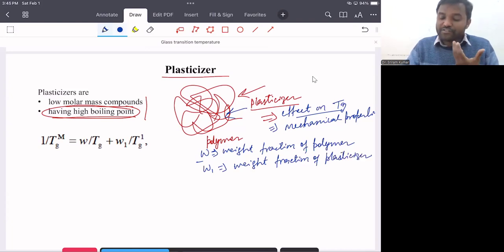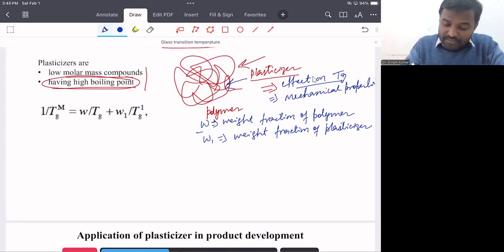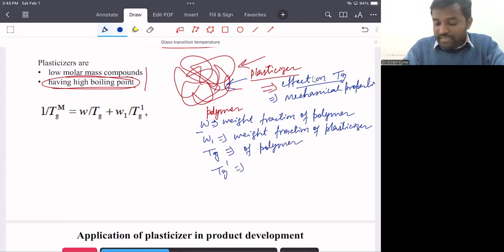So if we have the weight fraction of polymer and here we have Tg, where Tg is the glass transition temperature of the polymer, and Tg of the plasticizer is the glass transition temperature of the plasticizer.